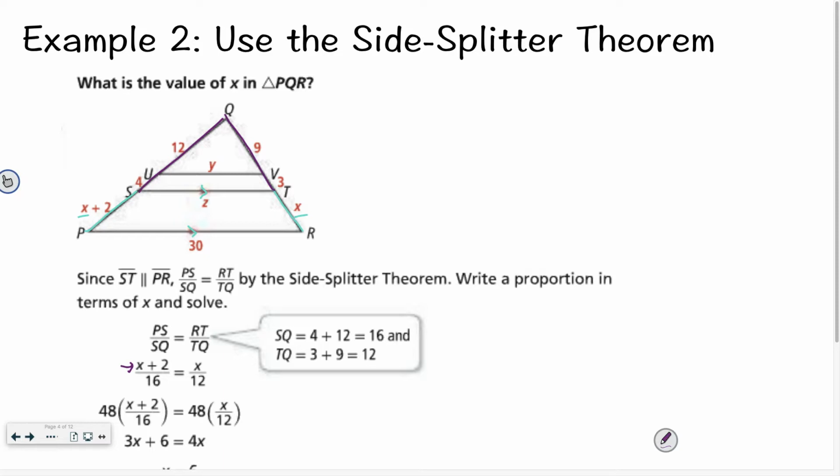SQ would be 4 plus 12, which is 16. And then for the other side, I know that RT is equal to x, and then TQ I have 9 plus 3, which is 12. So now that I've plugged that in, I can solve.